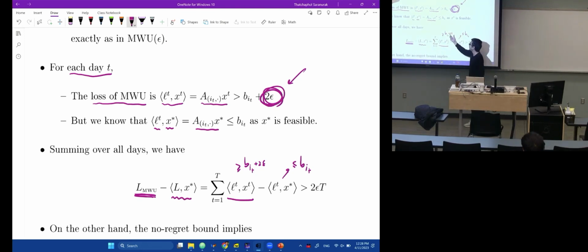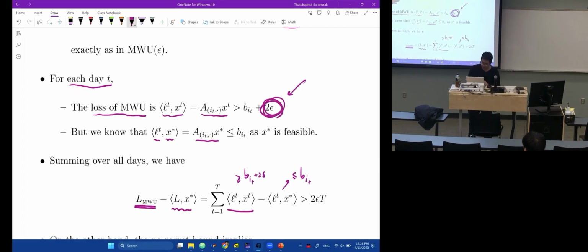You have 2 epsilon that you get the regret for on each day. So you see now, it looks bad here. It looks like, okay, you run the weight update algorithm, but your regret kind of grows on each day by 2 epsilon.